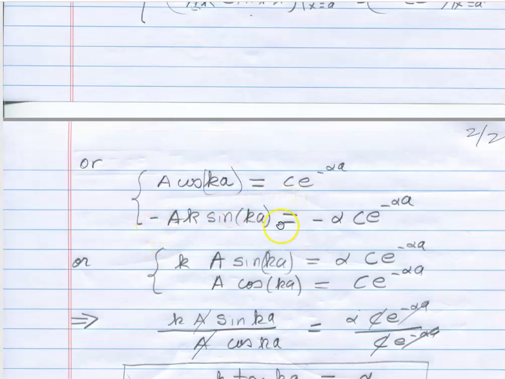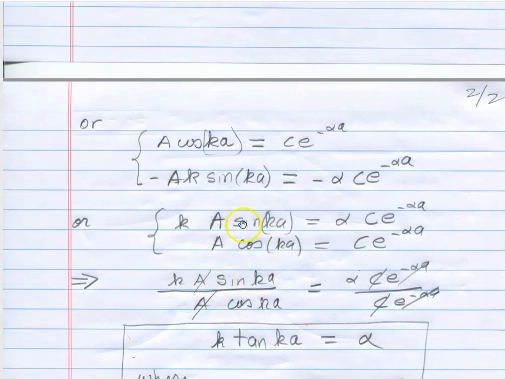Let me rearrange that a little bit. For one thing, I've got the minus sign on both sides from the differentiation, so I can divide that out. Let me write that equation on top. So I get k a sine ka is equal to alpha c e to the minus alpha a. Then the top equation, I'll write second here, because I want to divide this equation into the one above it.